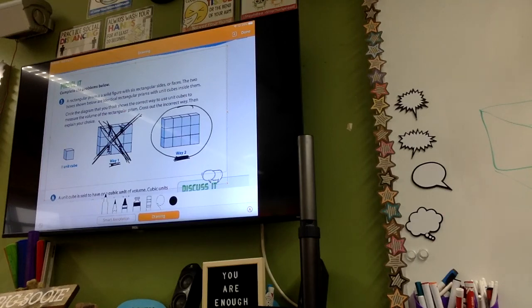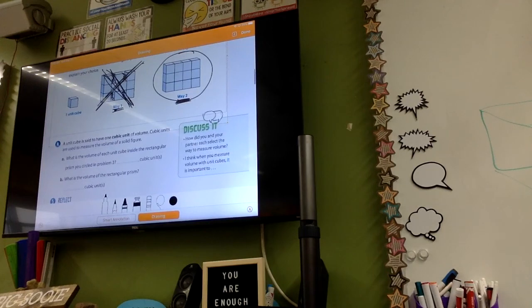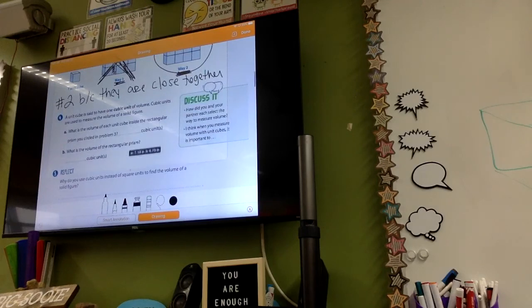And our reason was why? Because way 1 has chunks missing. I'm going to say number 2 because they are close together, and the other one has big chunks missing out of it. You can't measure something if it's got big chunks missing out of it.